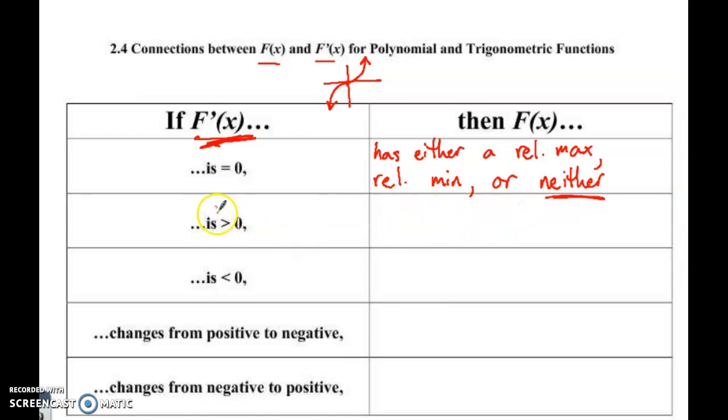But if the derivative is greater than 0, that means it's positive, then that tells us that the function is increasing. And on the flip side, if the derivative is negative, then the function is decreasing.